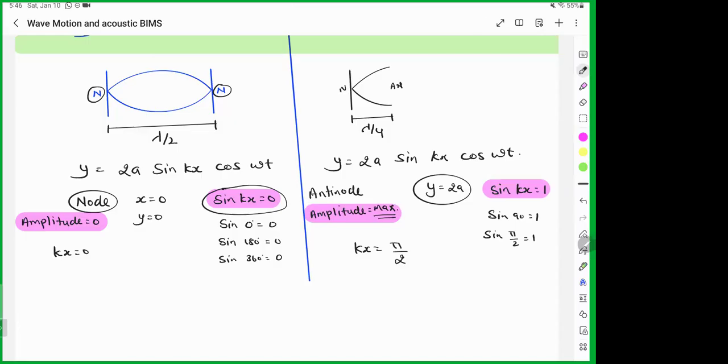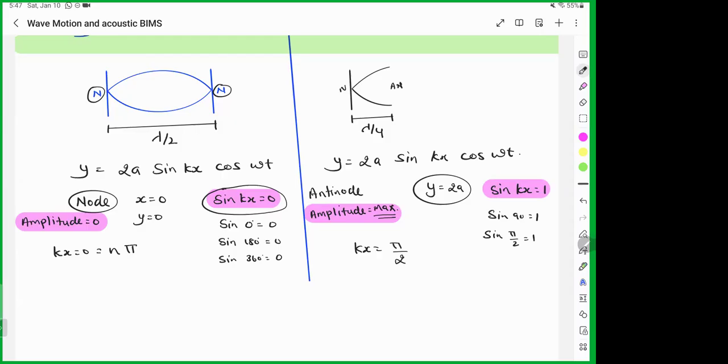Any doubt, guys? No, sir. If lambda is changing, this is also equal to n times... no, not lambda, my bad. N times of pi, because sin pi value is 0. Whatever you take, everything will become 0, n pi.